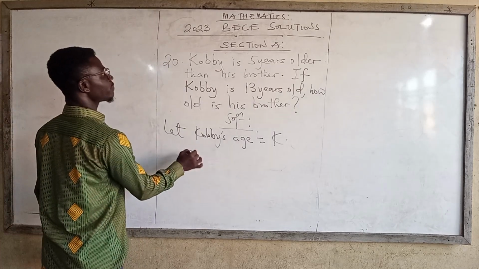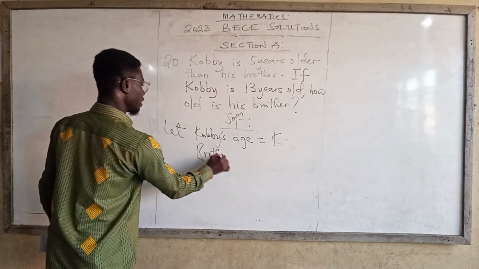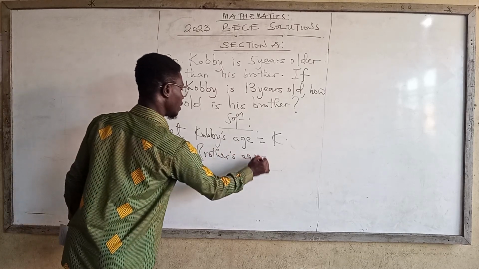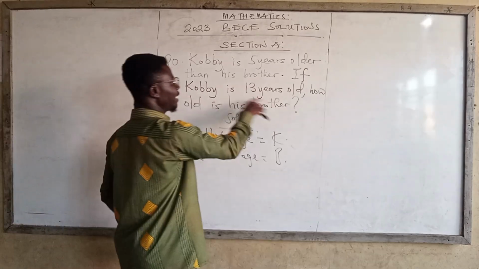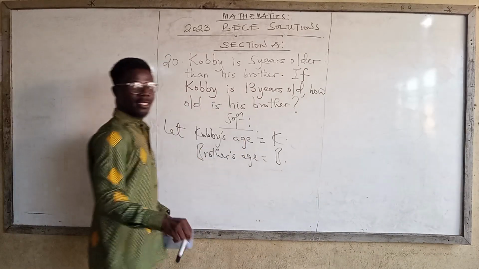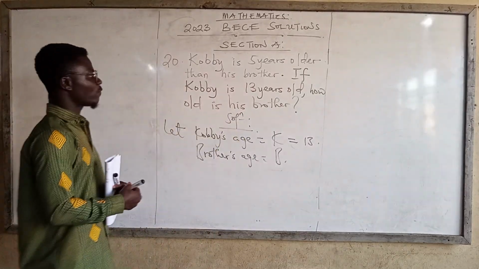Then we let his brother's age equal capital B. But this time around in our question, they've given us that Kobe is 13 years old.